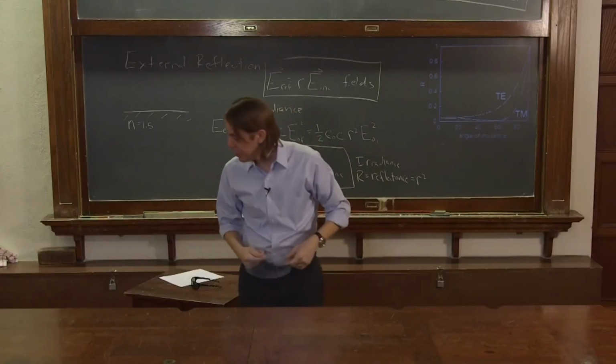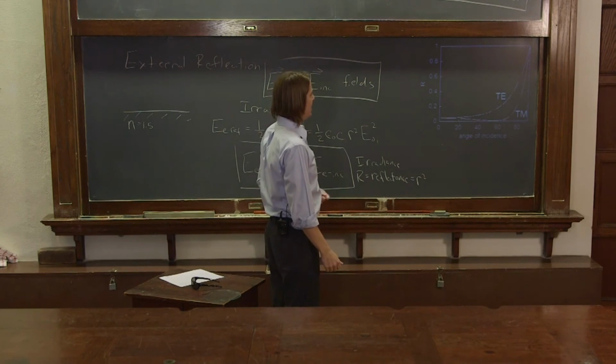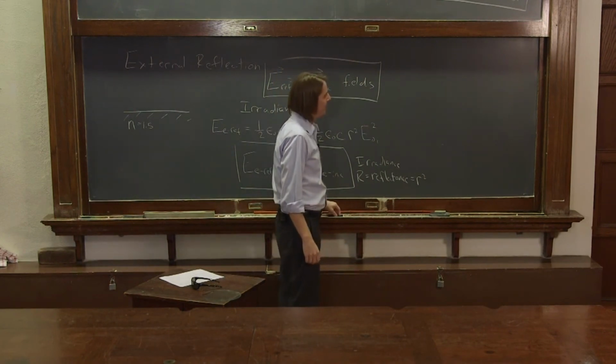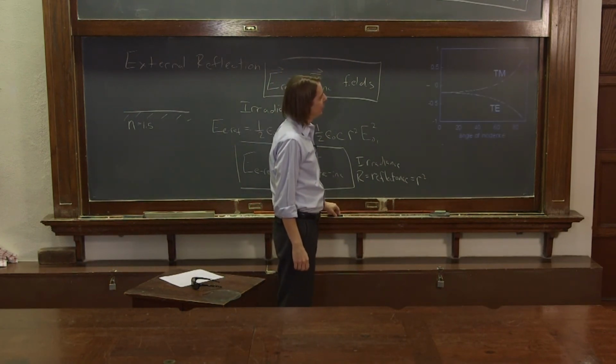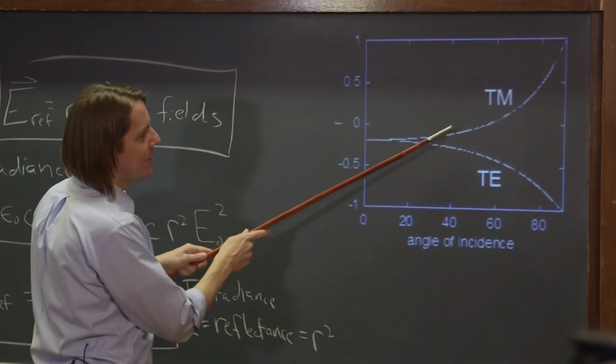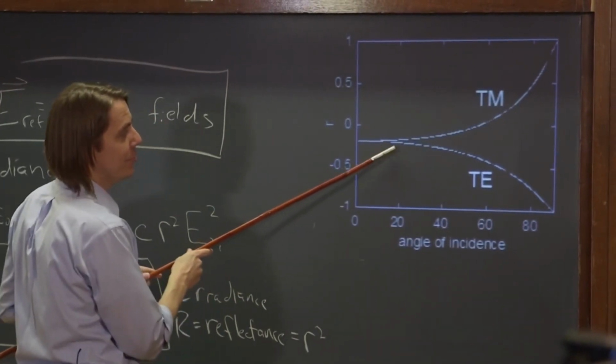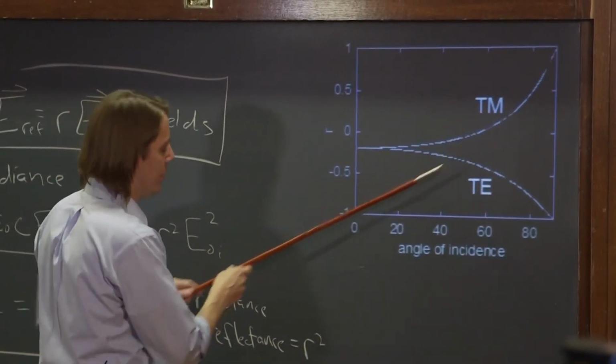So, there's one other very important point in this plot. And you may have noticed, if you're looking carefully at the little r, a big difference between them is that TM goes through 0 and TE never does. Right? TE is negative, but it's always got a value. TM crosses 0.